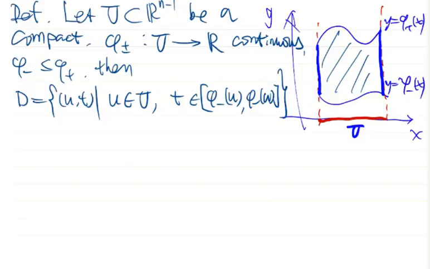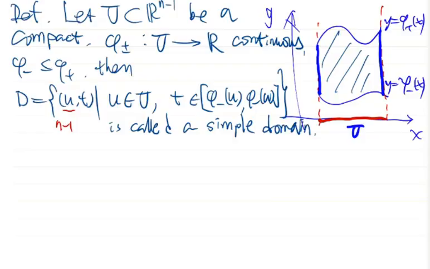A subset of R^n, because u, small u in capital U is n minus 1 dimensional. Therefore, this small u has n minus 1 coordinates and another coordinate t. Therefore, the points in D have n coordinates. So this is a subset of R^n. So this subset of R^n of this form is called a simple domain in R^n.